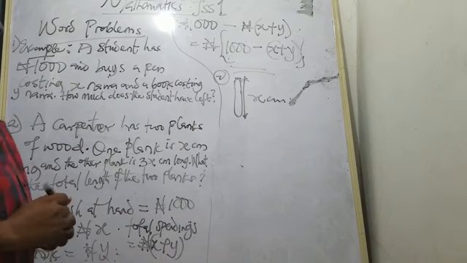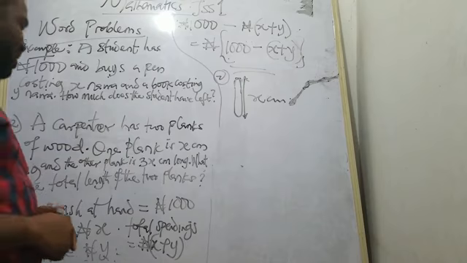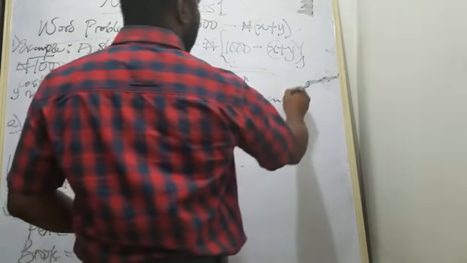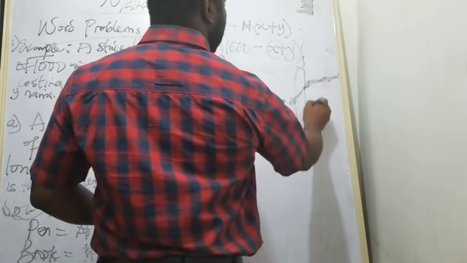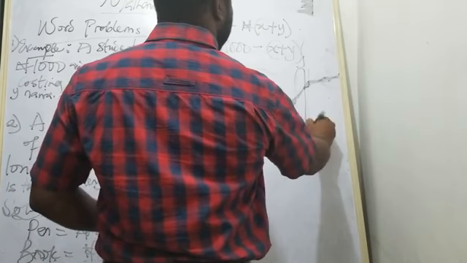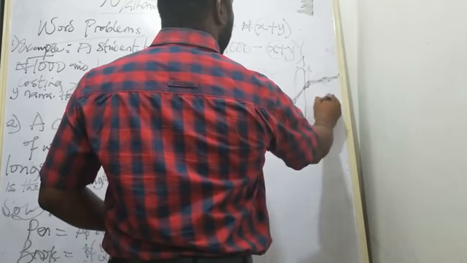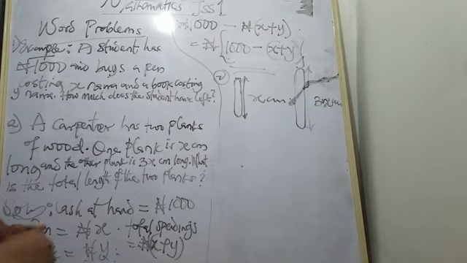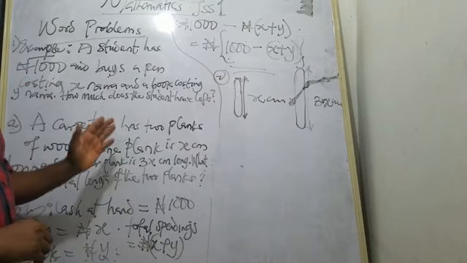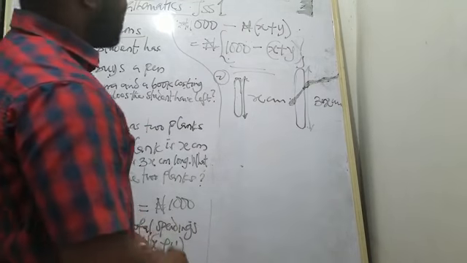What is the total length of the 2 planks? Now, the other plank is 3 times as long. Let's assume this is the other plank. The length here is equal to 3x centimeter. You have X centimeter and you have 3x centimeter.